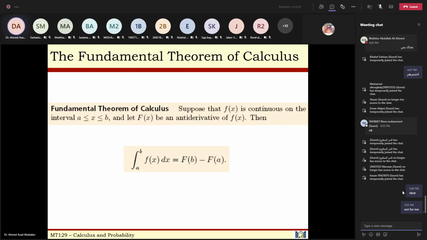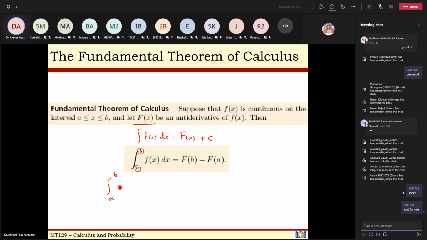If we have f of x and capital F, this is the antiderivative. If we have two values, upper and lower, for the integral, the limits of integration from a to b, for the integral of f of x. Without these, the integral of f of x dx is equal to what? Capital F of x, the antiderivative, plus c.